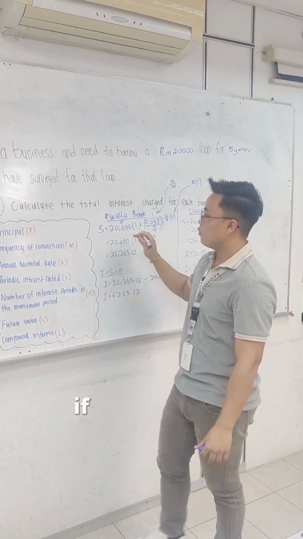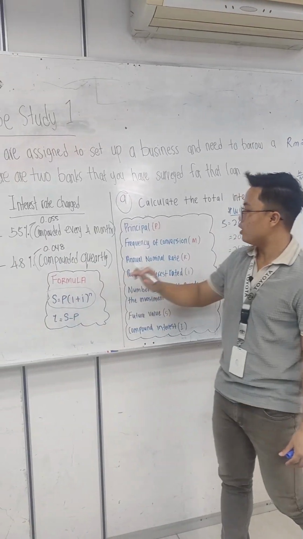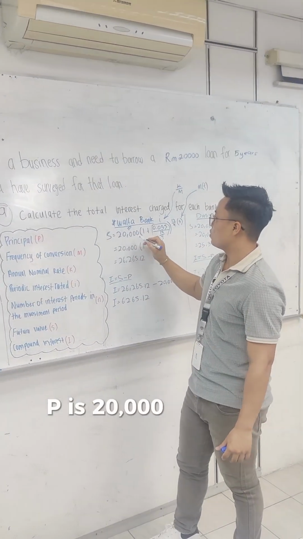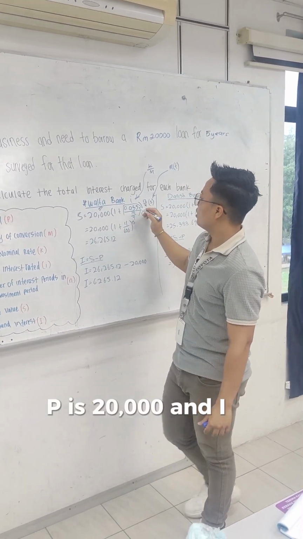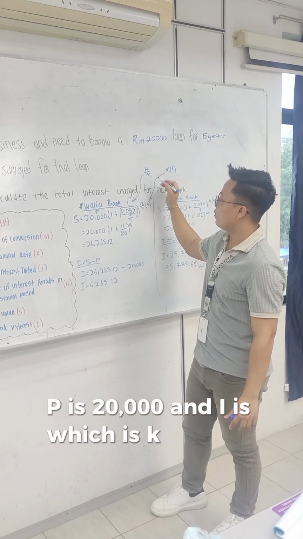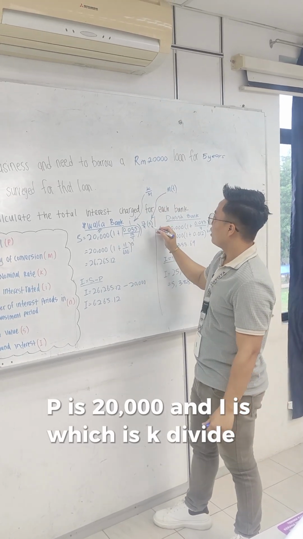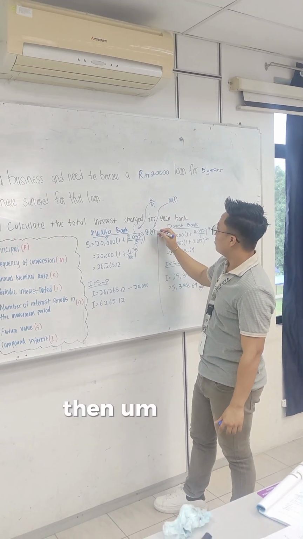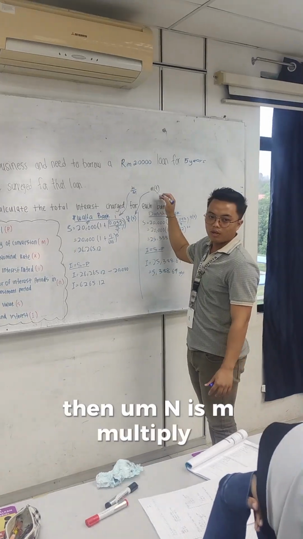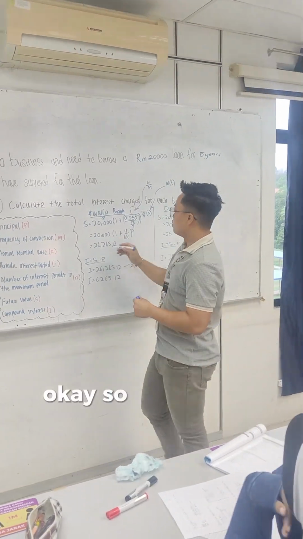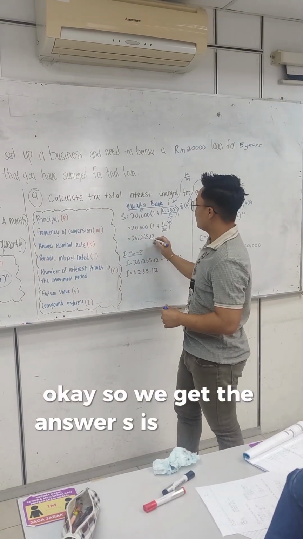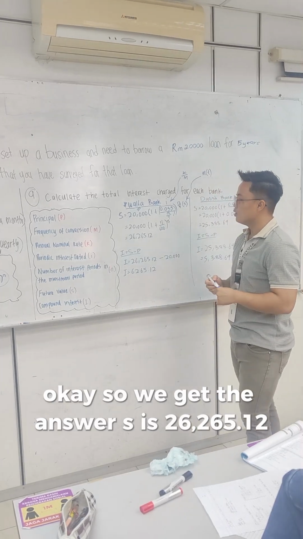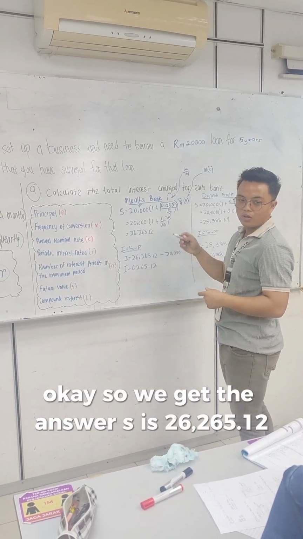If we see the formula, P is 20,000 and I is K divided by M. Then N is M multiplied by T. So we get the answer S is 26,265.12.